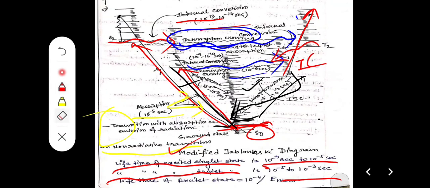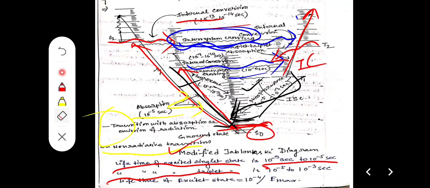So from this, what do we conclude? Which is larger, 10 to the power minus 9 or 10 to the power minus 5? 10 to the power minus 9 means 1 by 10 to the power 9, and 10 to the power minus 5 means 1 by 10 to the power 5.